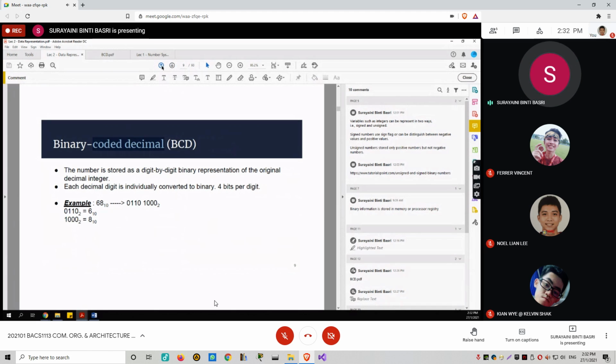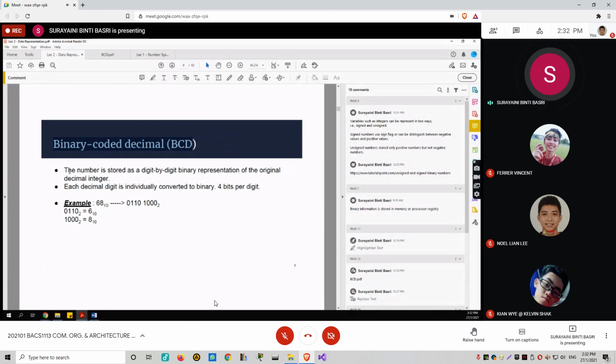Then we proceed to the second method of representing unsigned numbers, which is binary coded decimal. The short form is BCD.